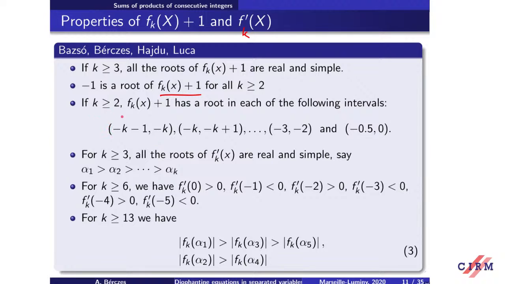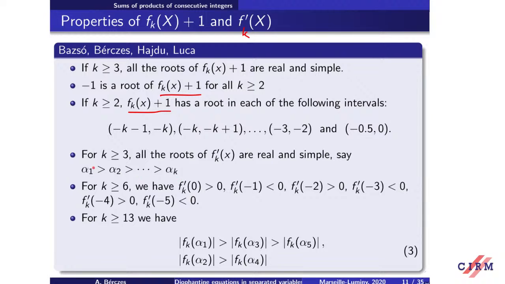Again, for k larger or equal to 2, we can describe where the roots of this polynomial reside. One of them is in the interval (-k-1, -k), the next one in (-k, -k+1), and so on, up to (-3, -2), and finally there is one root in the interval (-0.5, 0).